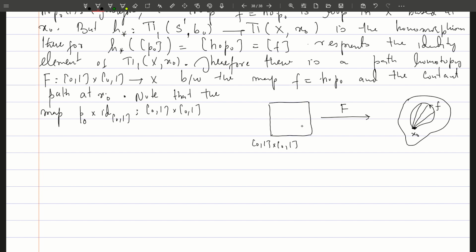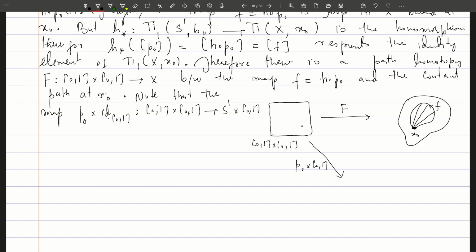Now this is the map from p naught, the map from [0,1] to S1, and this id map on [0,1] is a map from [0,1] to [0,1]. So this is the unit cylinder. So we have a map here, p naught composite id on [0,1].